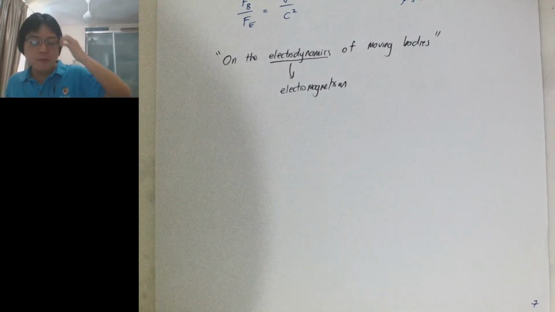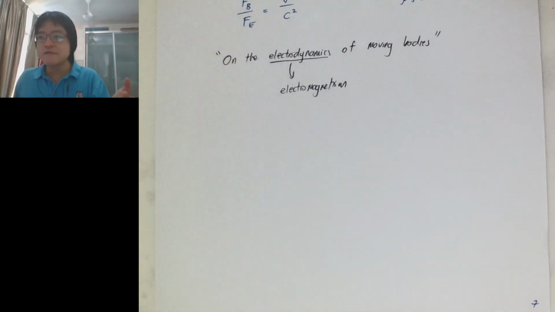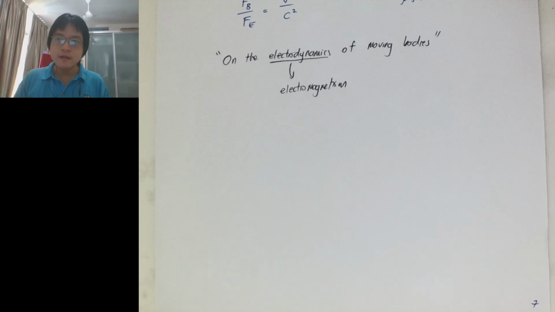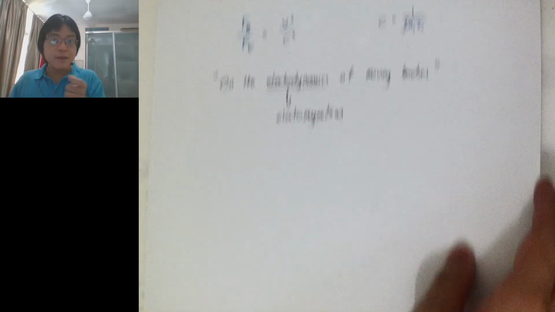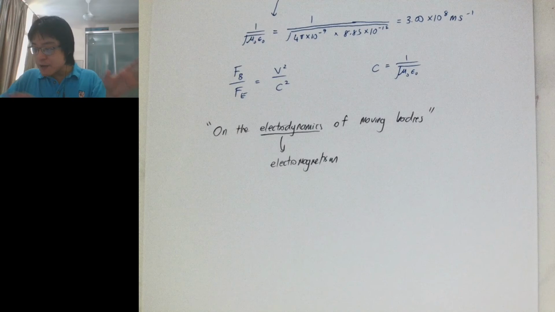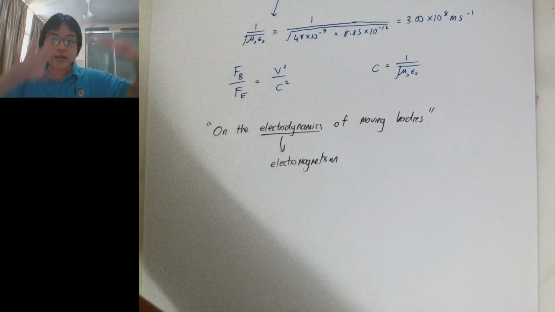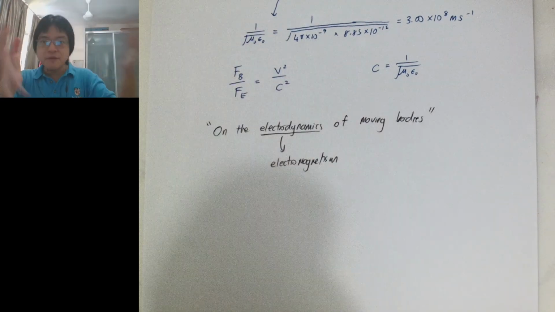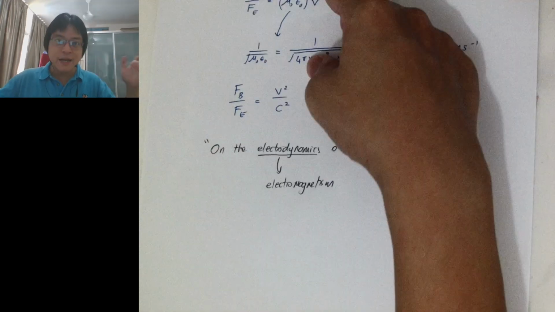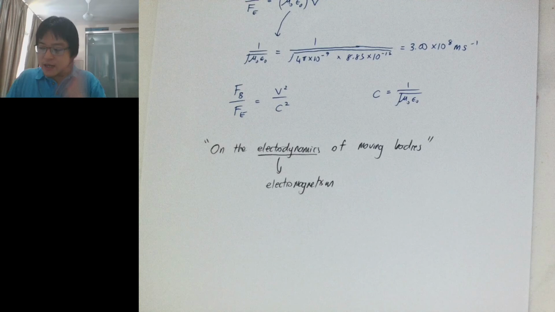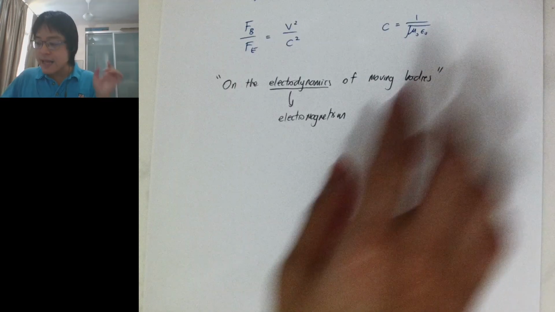Remember, we had to do that. We needed to define relativistic momentum, that kind of thing. That's because Newton's law is not invariant under Lorentz transformation. But electromagnetism is special because after we discovered special relativity, we didn't need to modify electromagnetism. It remains the same, because the electromagnetic equations already satisfy special relativity.